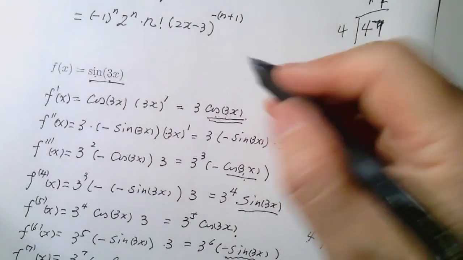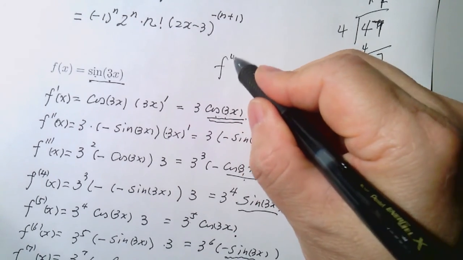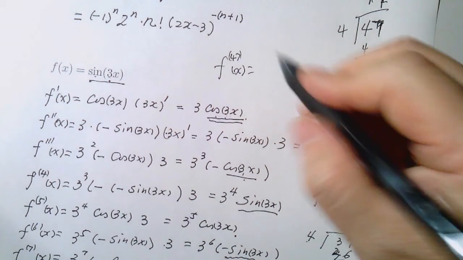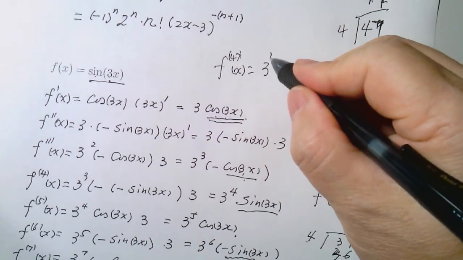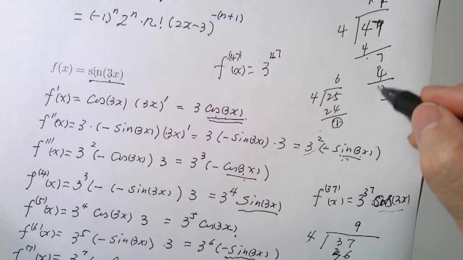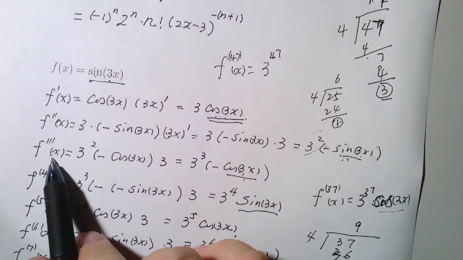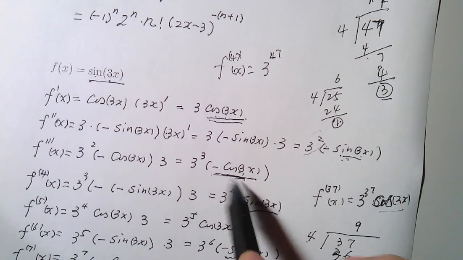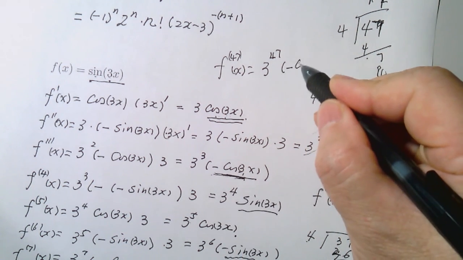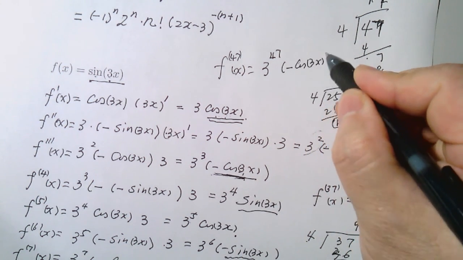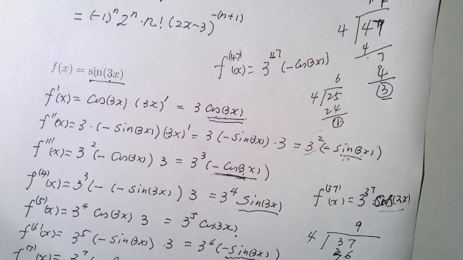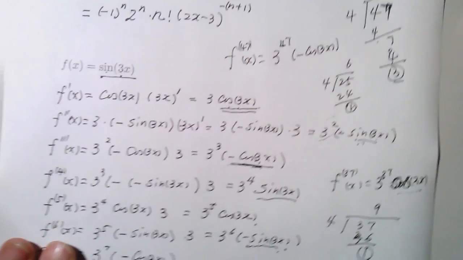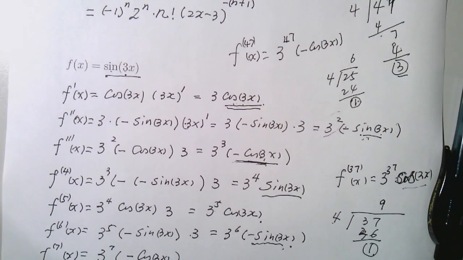So the 47th derivative is going to be 3 raised to 47. Because the remainder is 3, it's going to be the same trig function as the third derivative. So here you're going to have negative cosine 3x. Okay, so that's how we find the general pattern. That's the end of this video.